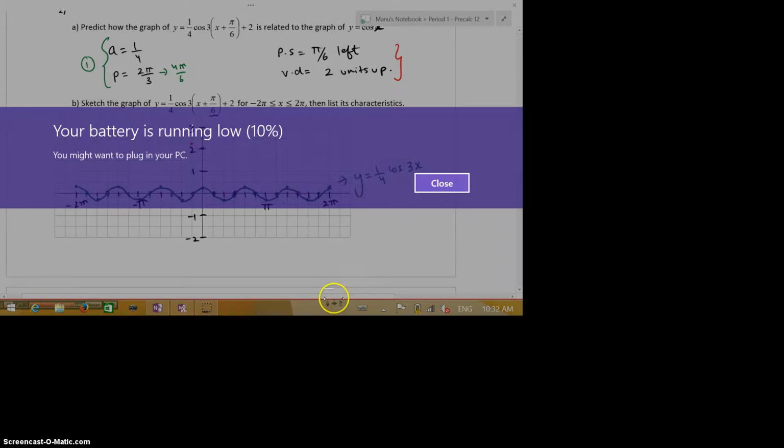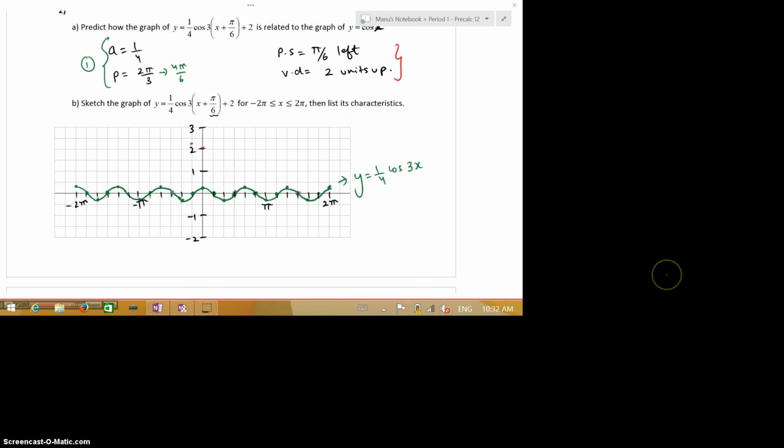Take the minimum, move 1 box over, 4 boxes up. 1, 2, 3, 4. Take the next 0, 1 box over, 4 boxes up. Take the next maximum, 1 box over, 4 boxes up.